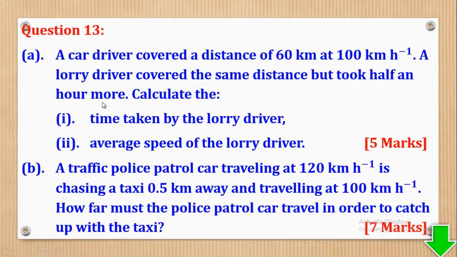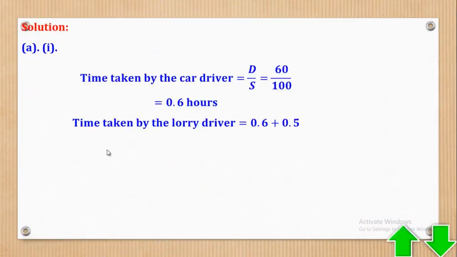Half an hour more means that since the car took 0.6 hours, the lorry will take 0.5 hours more, meaning that the total time taken will be 0.6 plus 0.5. So the time taken by the lorry driver will be 0.6 plus 0.5 to come up with 1.1 hours.